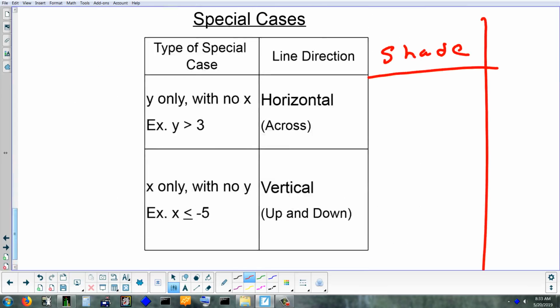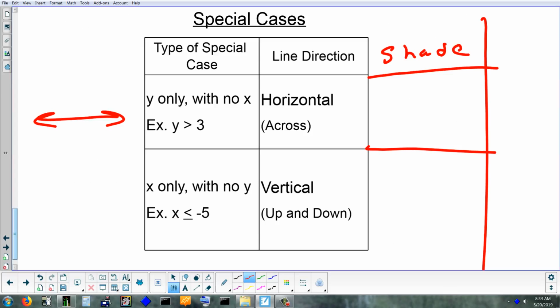Shading is a little different. I mean, it's pretty similar. What did we say for greater than? Where do you shade? Above. Now, Y is horizontal. That looks like this.